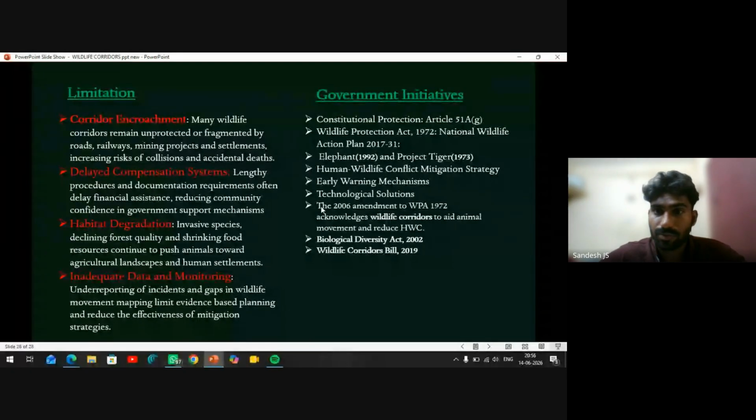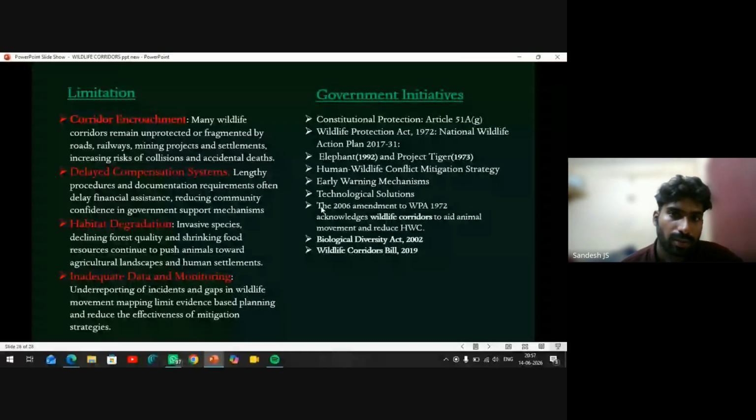Project Elephant, established in 1982, helps in elephant movements and decreasing the poaching of elephants for tusks. And Project Tiger, established in 1972, aims at increasing the population of the tiger.